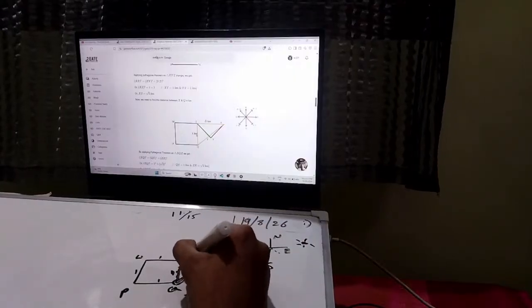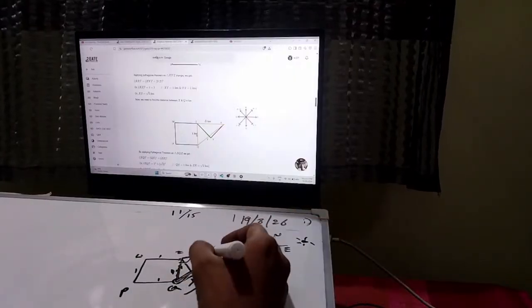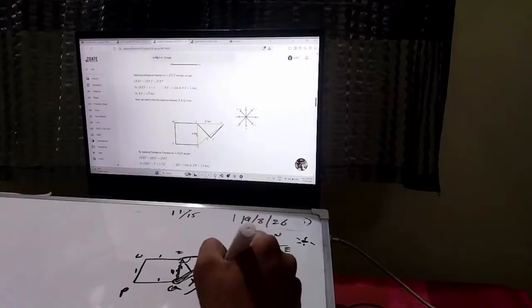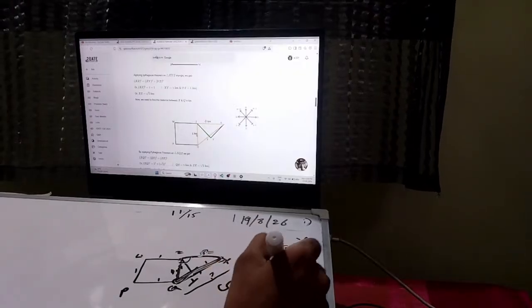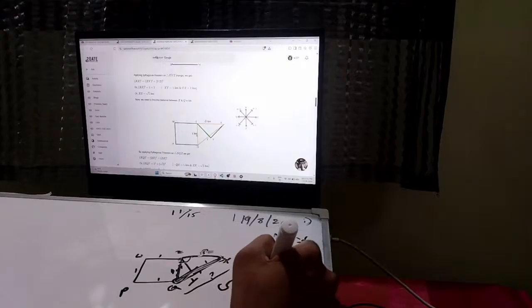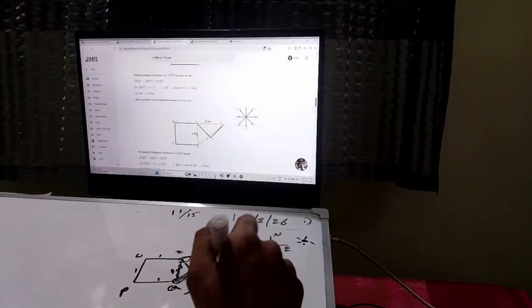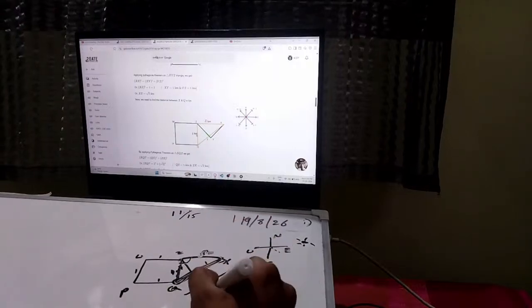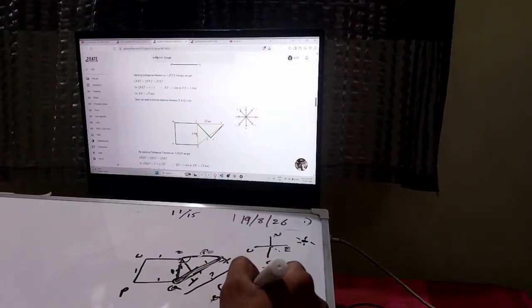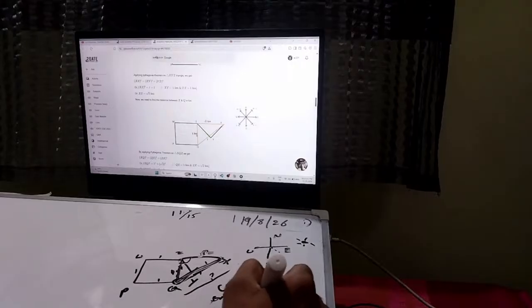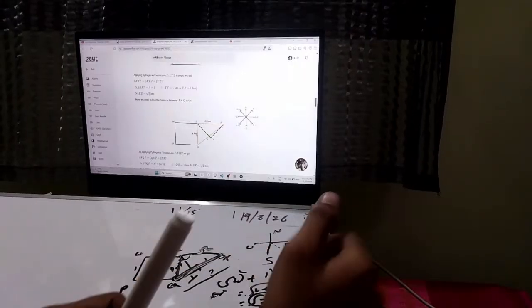Here it is a right angle. So root 2 whole square plus 1 whole square will become 2 plus 1, 3, and this is XQ square, by the Pythagoras theorem. So the final answer will be root 3. Next question.